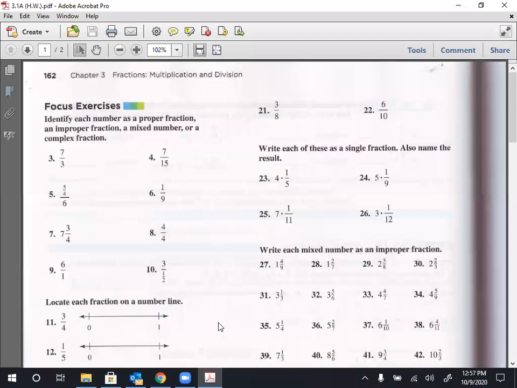A unit fraction, by the way, means that it's equal to 1. Let me put that in the chat.